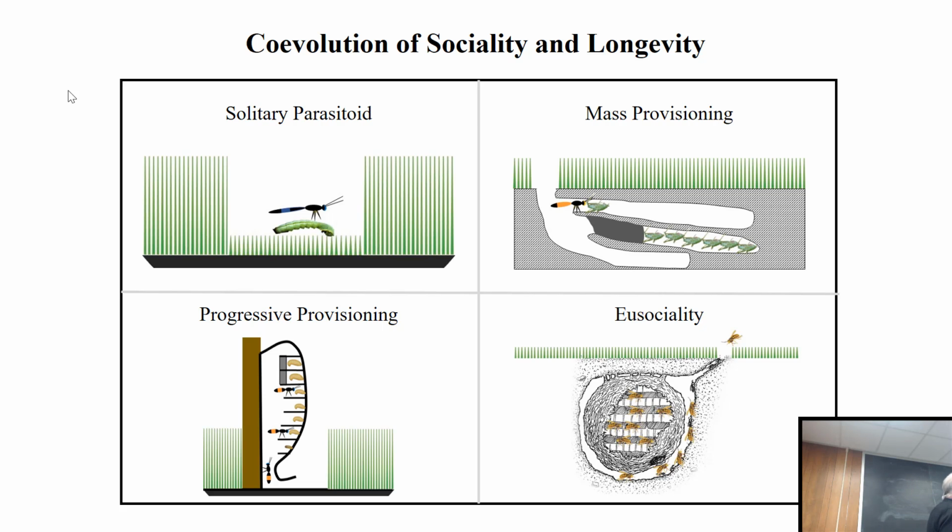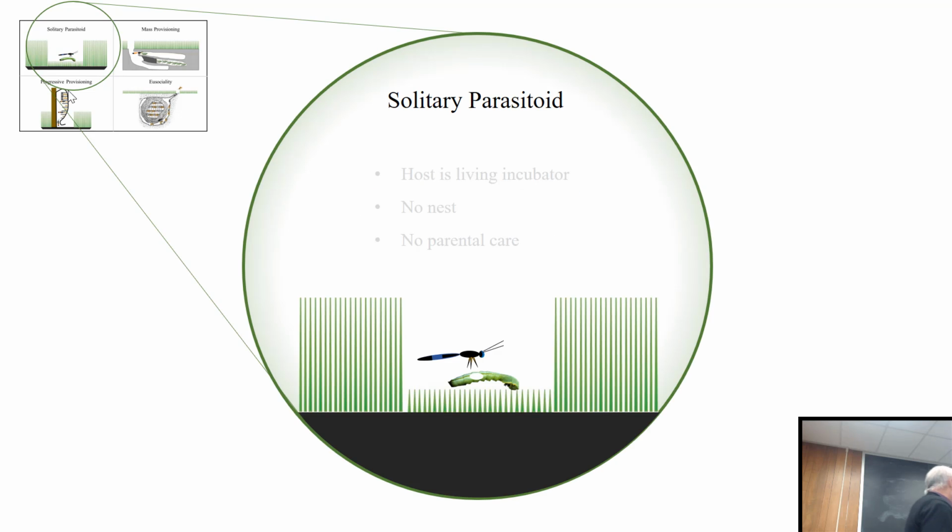I collapsed them down to 4. And so this is the coevolution of sociality. So you ask the question, which came first? I think this applies to humans as well. But anyway, which came first, so to speak, the sociality or the longevity? Which was a pre-adaptation for the other?